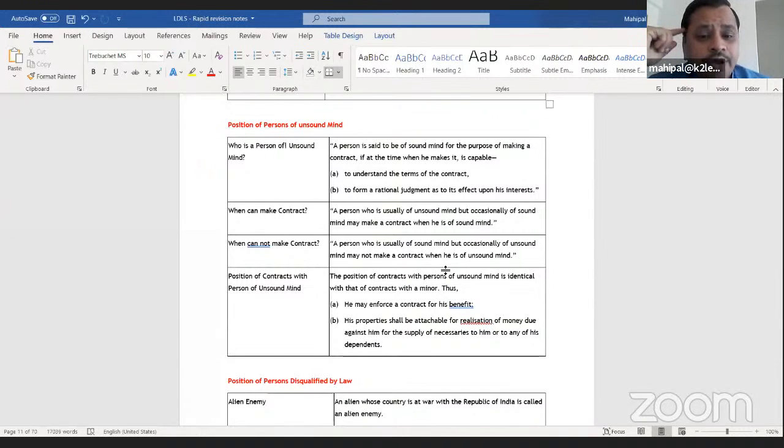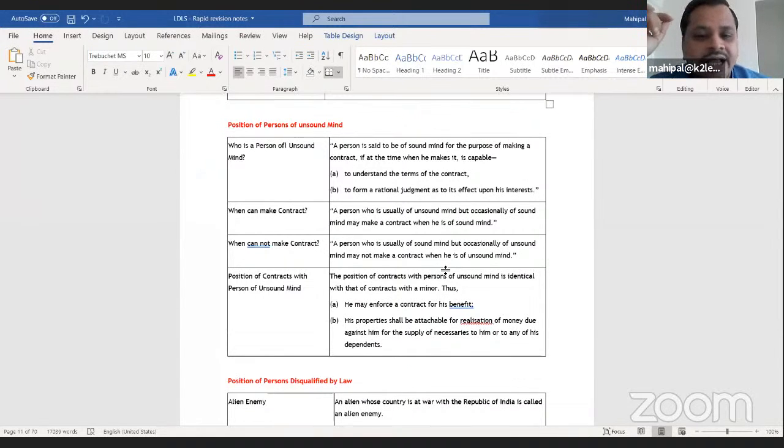A person is said to be of unsound mind when he is not in a position to understand the terms of the contract and cannot take a rational decision. Idiot, they are called Janma Jat Murkh. They cannot understand the terms of the contract on any given day. Lunatic, they are usually of sound mind but occasionally of unsound mind.